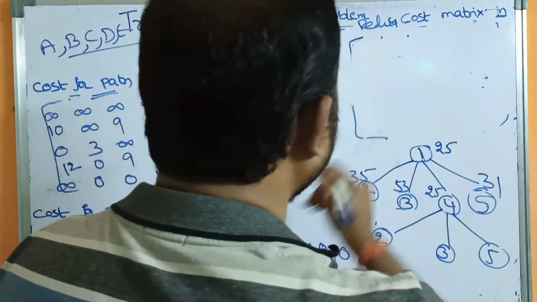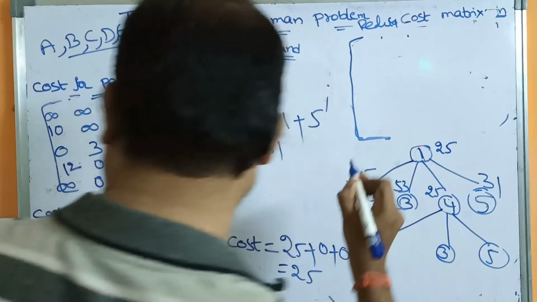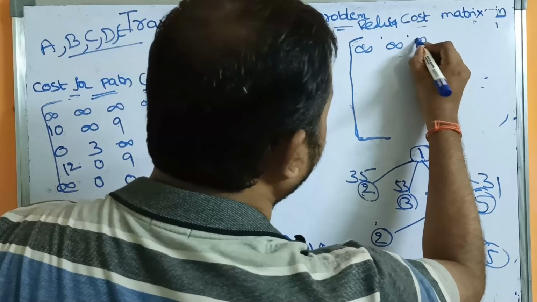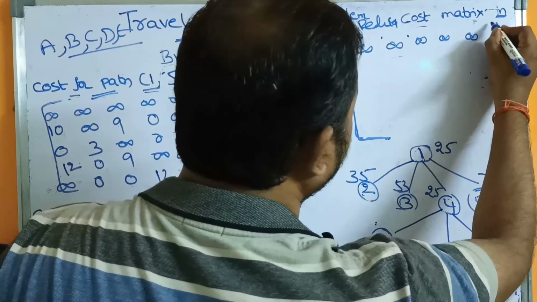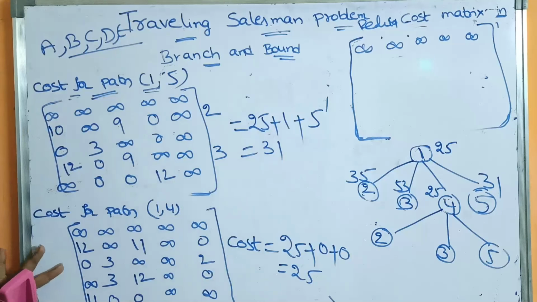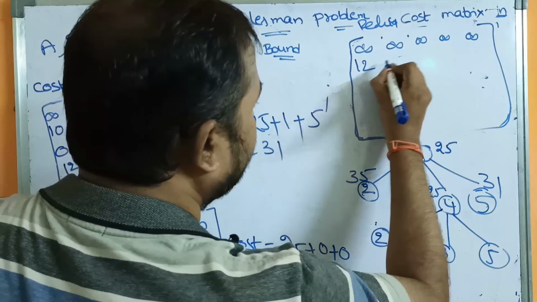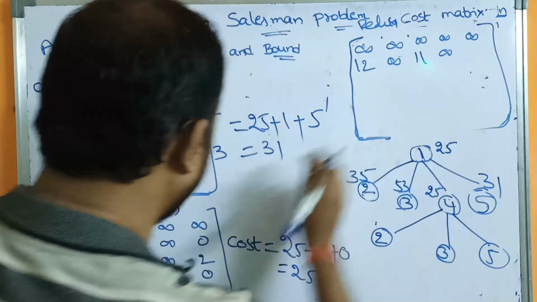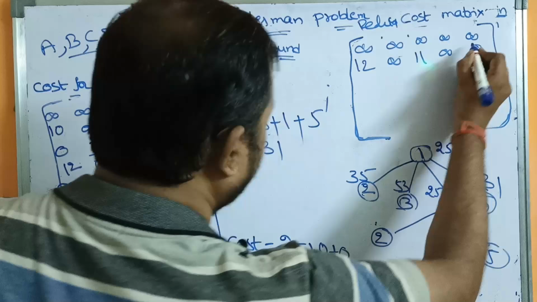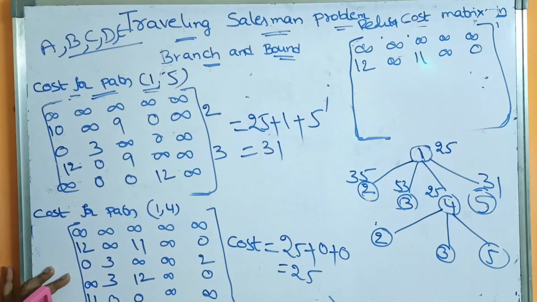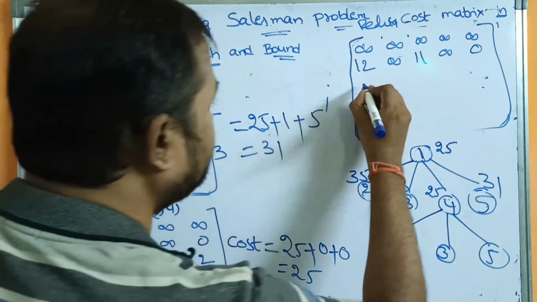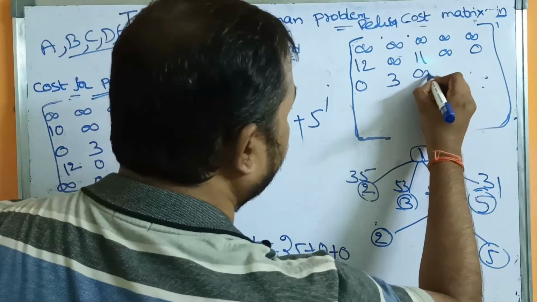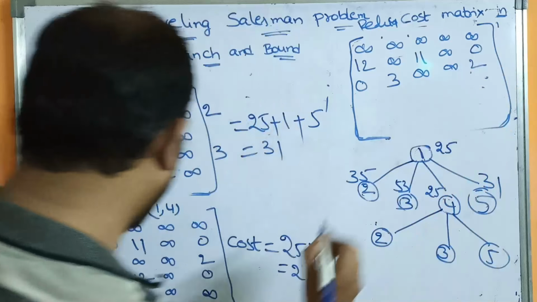So what is the first row? All are infinities: infinity, infinity, infinity, infinity, infinity. Now let us note down the second row: 12, infinity, 11, infinity, 0. Third row: 0, 3, infinity, infinity, 2.